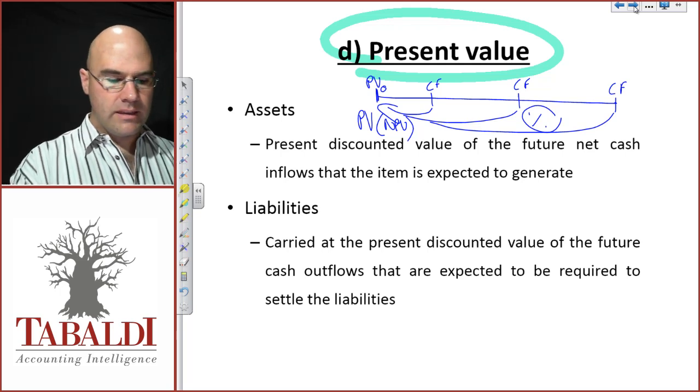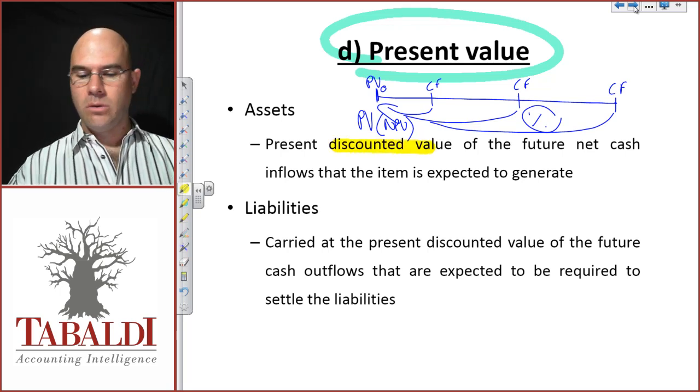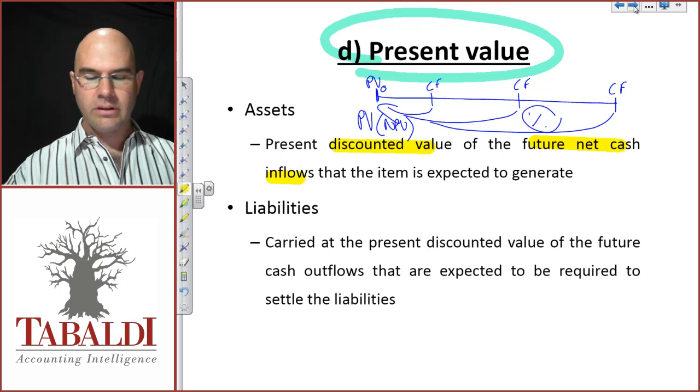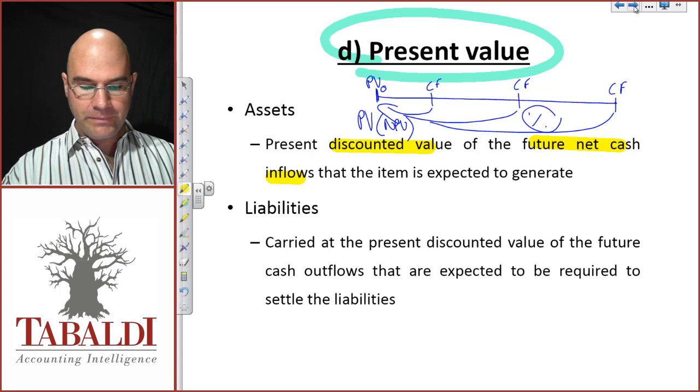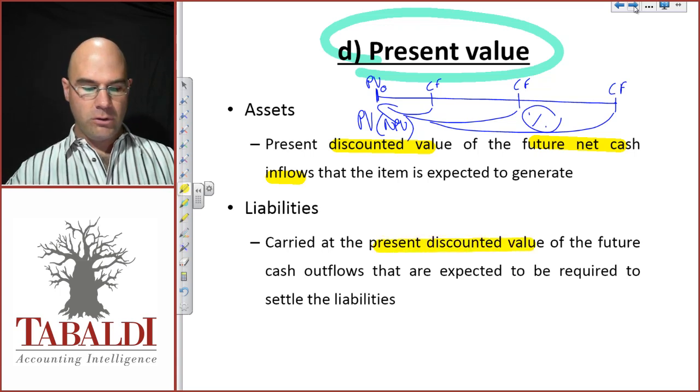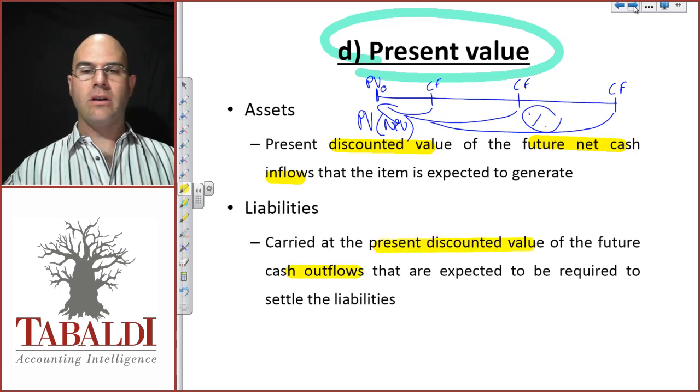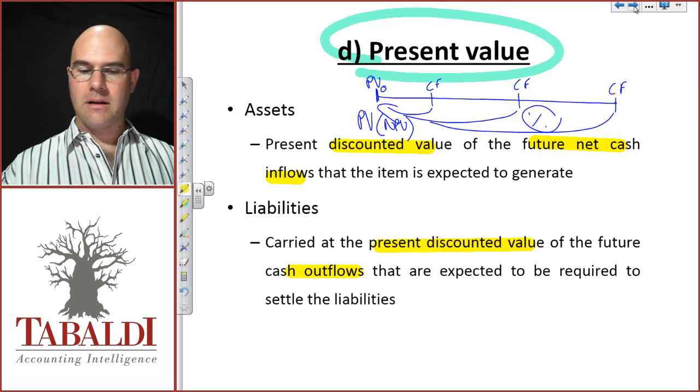So for assets, the present discounted value of the future net cash inflows that the item is expected to generate. Liabilities, the present discounted value of the future cash outflows that are expected to be required to settle the liabilities.